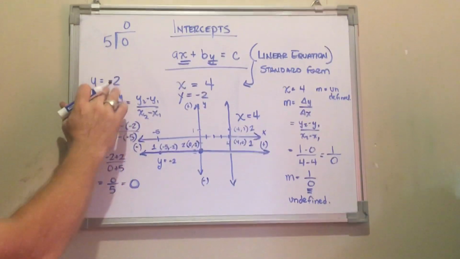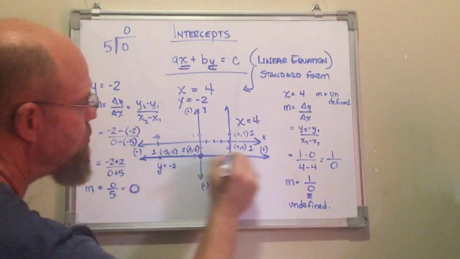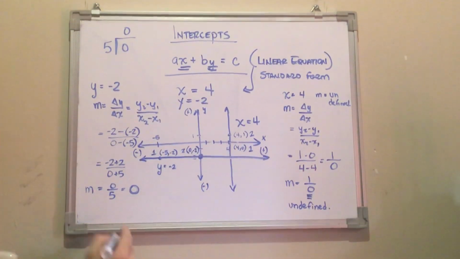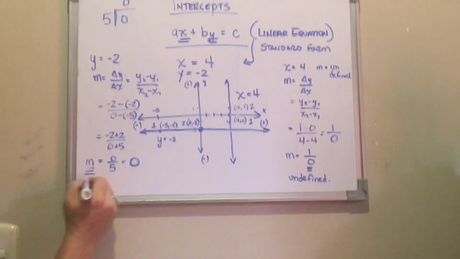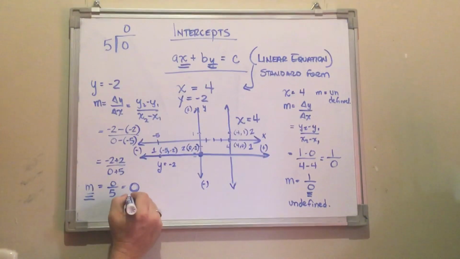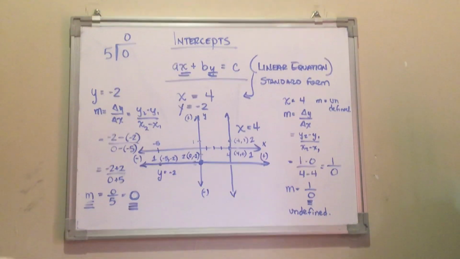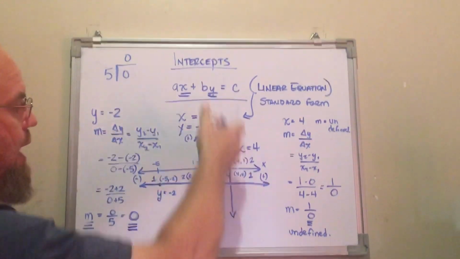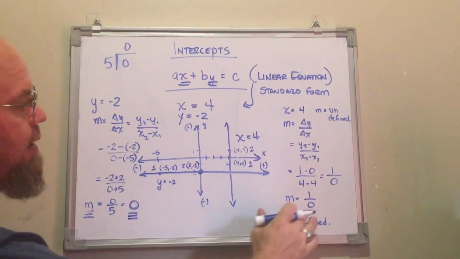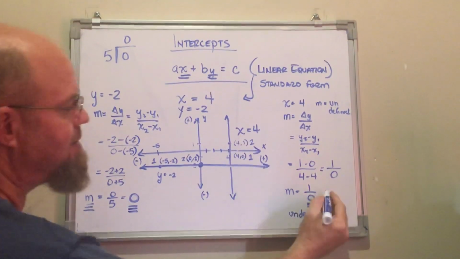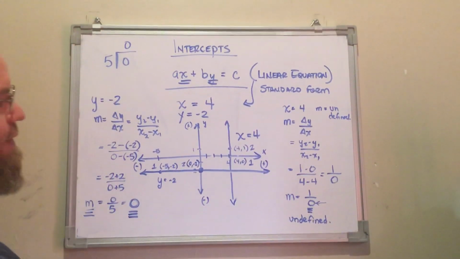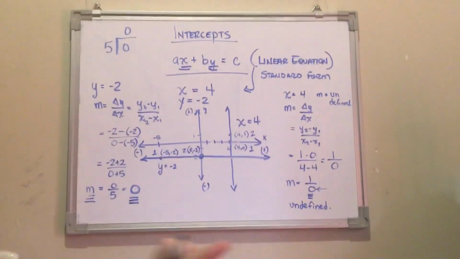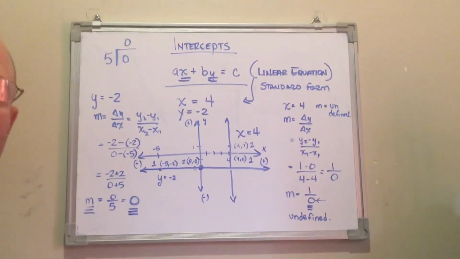So when y equals negative 2, which creates a horizontal line, your slope, the movement of the line, is 0. When you have x equals 4 and you have a vertical line, because the denominator has a 0 in it, that slope is undefined. It does not have a value.